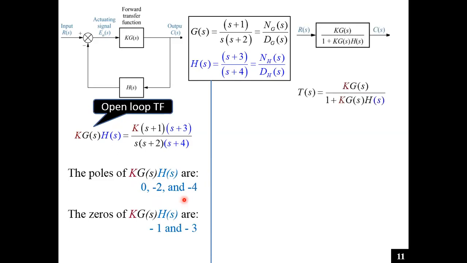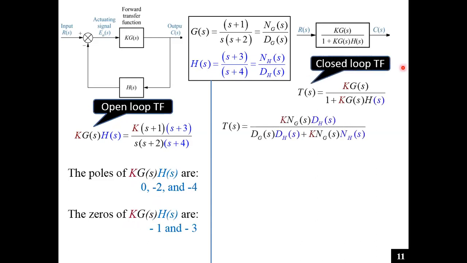For the closed loop transfer function, we need to solve this equation. We enter the values in the form of numerator and denominator. Applying simple calculus, we get this term. Entering the values, or we can directly enter these values here and solve, we can get this transfer function.